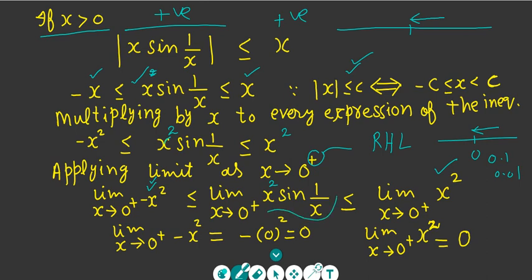So we find the limit of the smaller and greater functions. The limit of minus x square is equal to 0 as x approaches 0 from the right hand side. The limit of the greater function is also equal to 0 as x approaches 0 from the right hand side, or if we take the right hand limit of x square, it is also equal to 0.